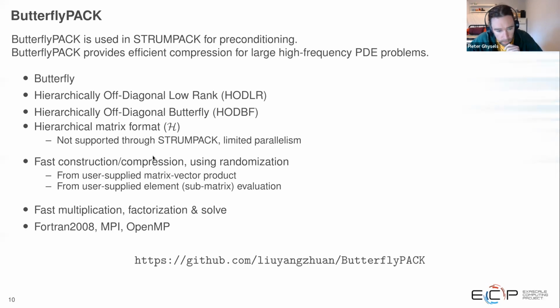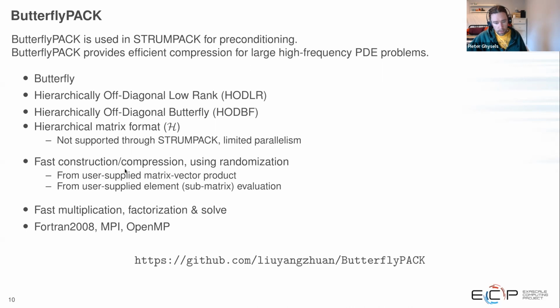And ButterflyPACK relies a lot on randomization. For instance, to construct a butterfly or an HODBF representation of a very large dense input matrix, it's typically not necessary to first construct your entire dense input matrix, but it's enough to specify a matrix vector routine to ButterflyPACK, and ButterflyPACK uses that then in combination with a randomized scheme to efficiently construct a butterfly or HODBF representation.